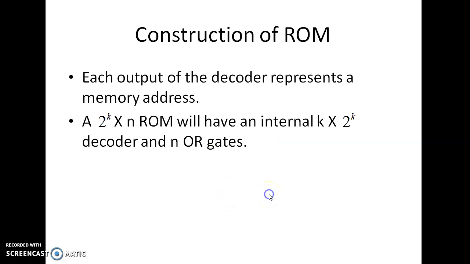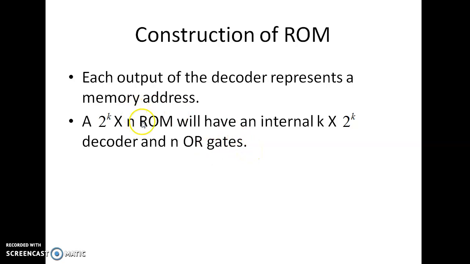This is important. And how do we construct a ROM? In the first stage, ROM consists of a decoder followed by OR gates. The output of the decoder will be given as an input to OR gates. So a 2 power k into n ROM will have internally a k into 2 power k decoder and n OR gates.